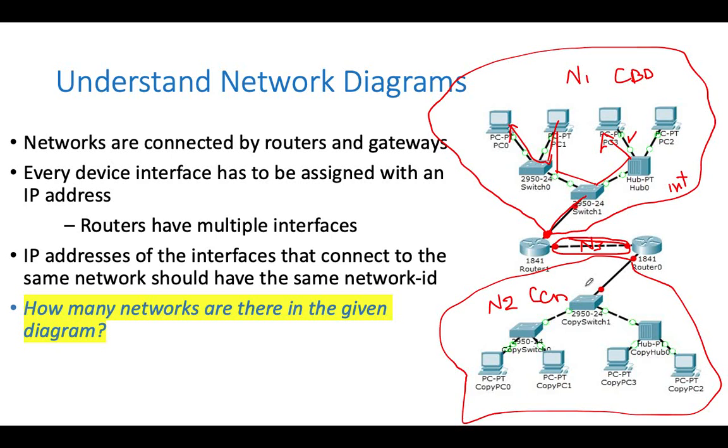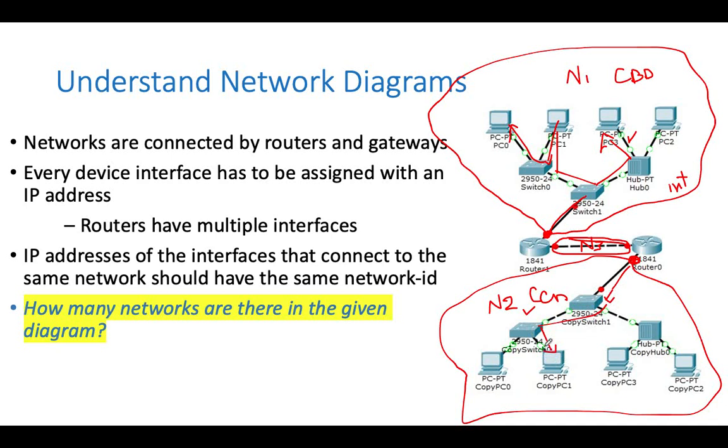The router takes it from here and routes it along the shortest path, as we discovered before, to network number 2, and from network 2 it arrives at the gateway, and from the gateway to here, to here, to here.